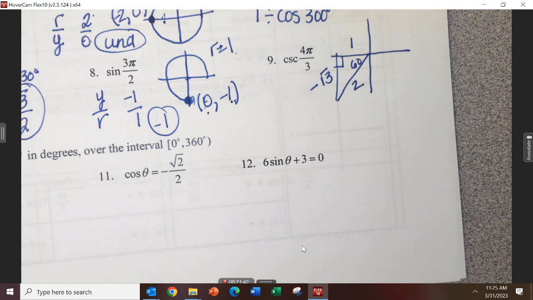Be brave. What do you think, Ari? Nope. What do you think, Maggie? Nope. Sophie? You got it. -2 radical 3 over 3. See if you can figure out why.